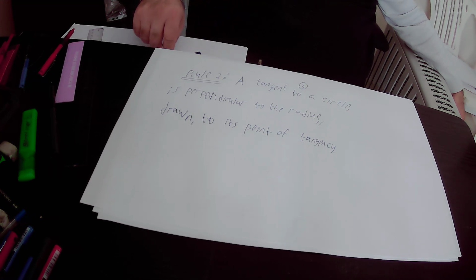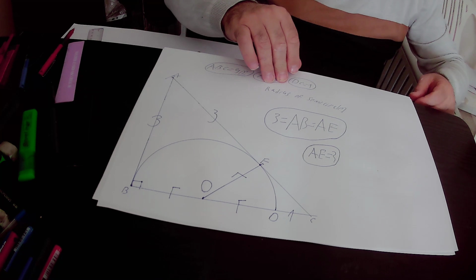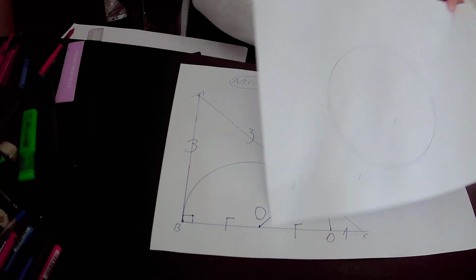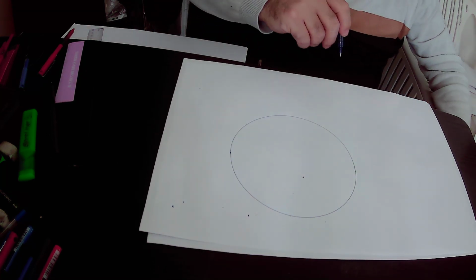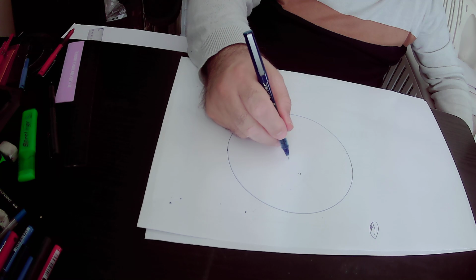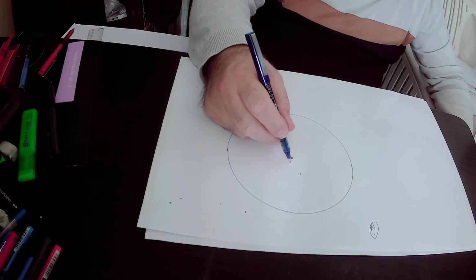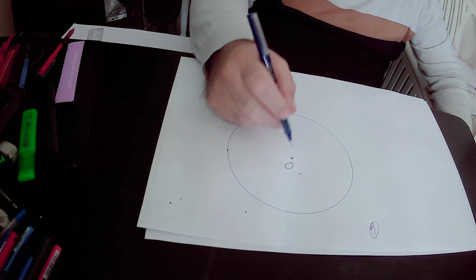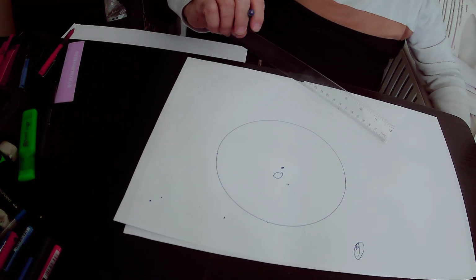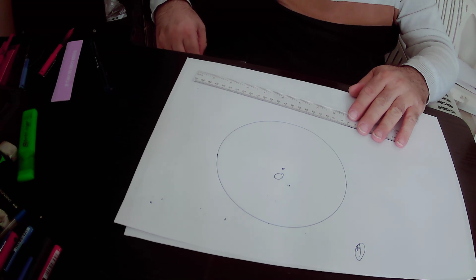So what is the meaning of rule number 2? The meaning is that if you have a circle, and the center of this circle is at this point, we define the center as point O, and we also have a tangent to this circle.